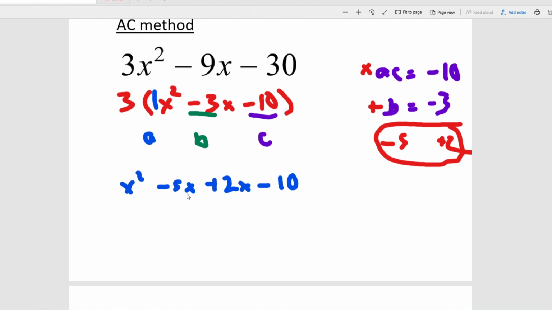Then we can find a common factor of both sides. In the first pair, they both have an x in it. I'm going to do each step in a different color here. So I took an x out of both of those because they had it in there. And in the second one, they both can divide by 2.